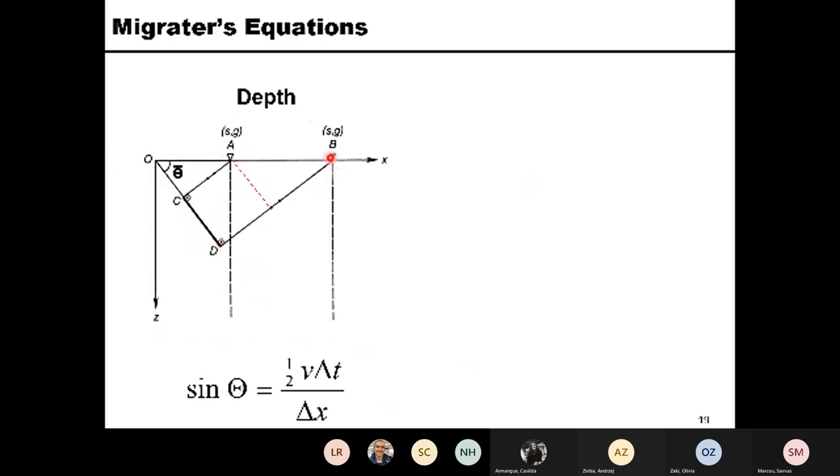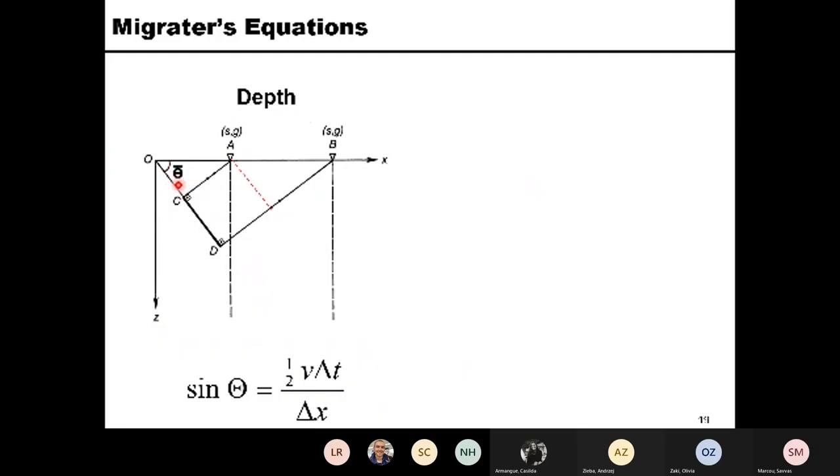And for another point B here, this ray path is perpendicular to the reflector at point D. Because of the angle, the distance between A and B is larger than the length of C and D, right? That's easy to understand, okay? Because of the angle here.